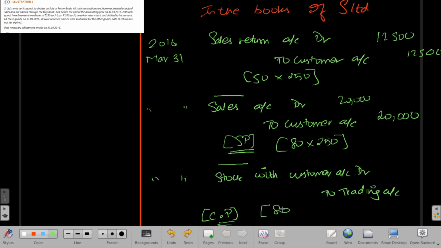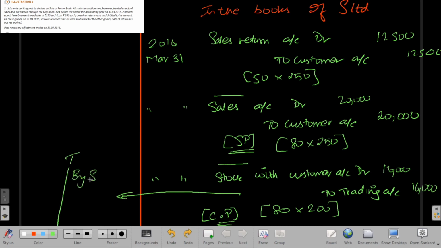So the 80 goods will be multiplied by the cost price of 200, and this would give you 16,000 rupees. So in the trading account, this would be shown as by stock, and you will be adding stock with customer of 16,000.